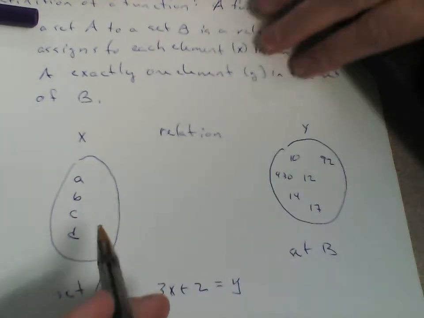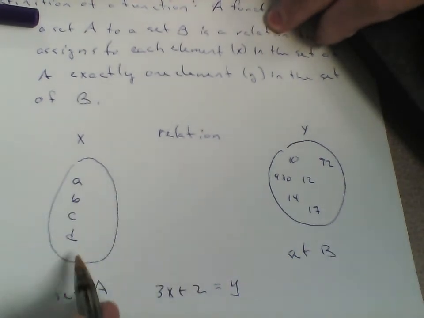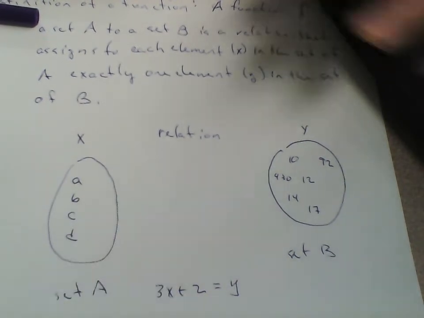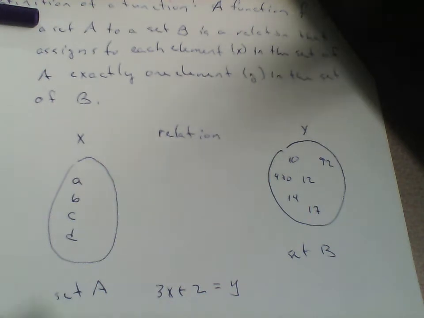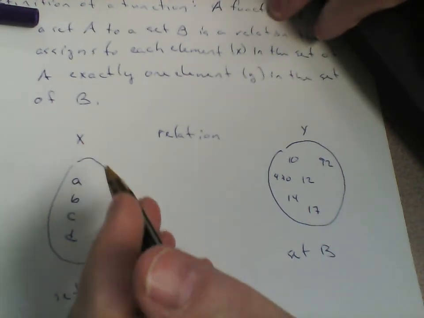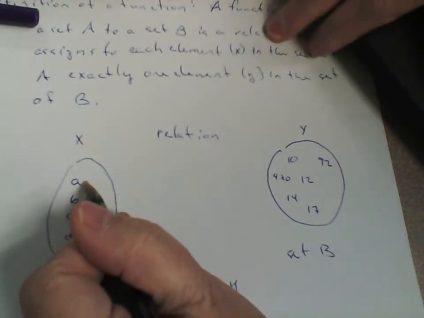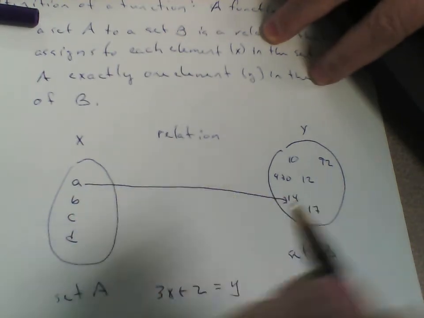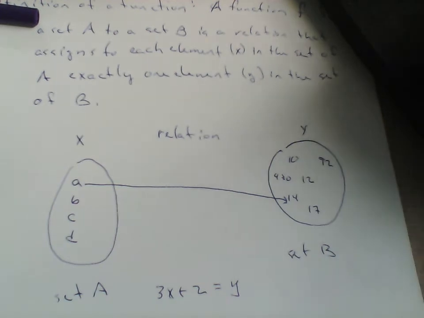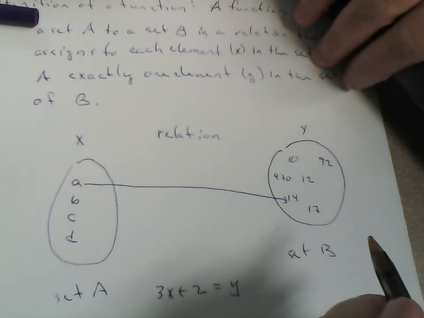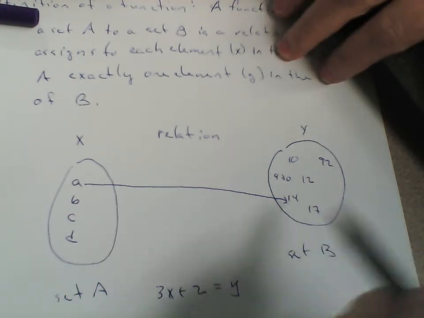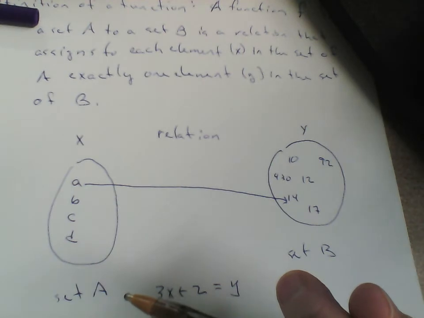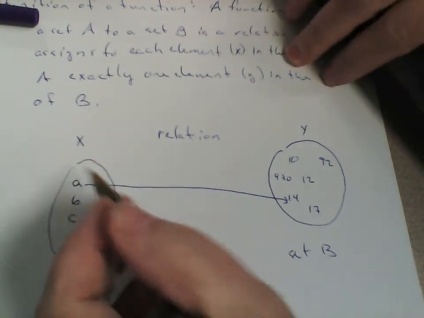It's saying that for every element, everything that's in here, all the possible numbers, A, B, C, and D, for it to be a function, it can only map to one element over here. And it has to map to one element over here, right? A has to have a B. B doesn't have to have an A, but A has to have a B, right?